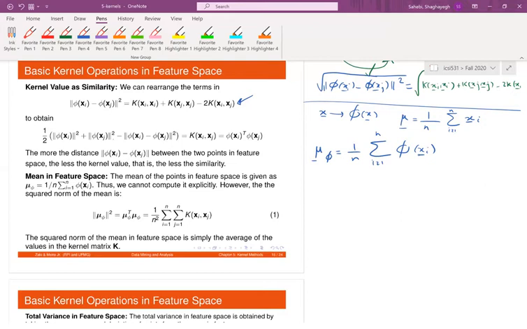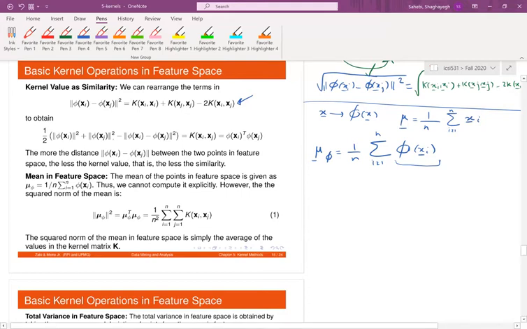I'm looking at this, and whatever I try, I see that in any way that we want to calculate the mean, we still need to have access to phi of xi. There's no other way that I can rewrite this so that we don't need phi of xi, and write it as a dot product between phi of xi and phi of xj.